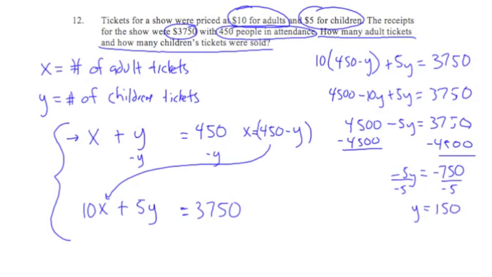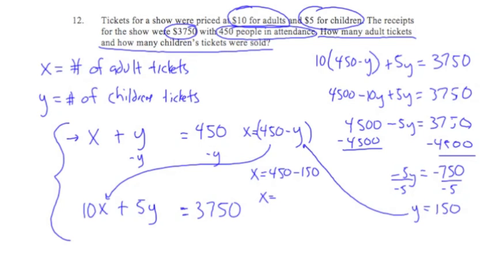So I'm almost there. I've gotten y, which was the number of children's tickets sold. So we know that that is 150 children. And now I just need to find out the adults. So I can plug this probably back up into this equation right here to find out how many adult tickets were sold. So I'd say then x equals 450 minus 150.